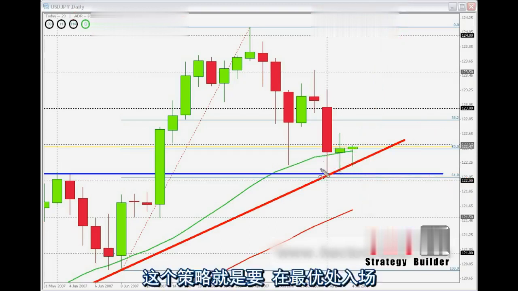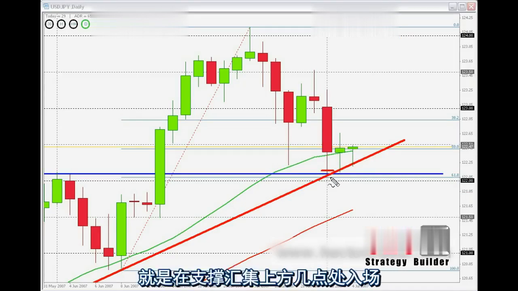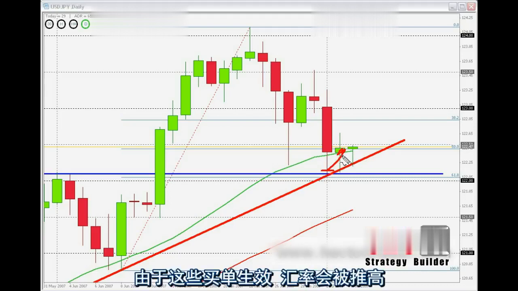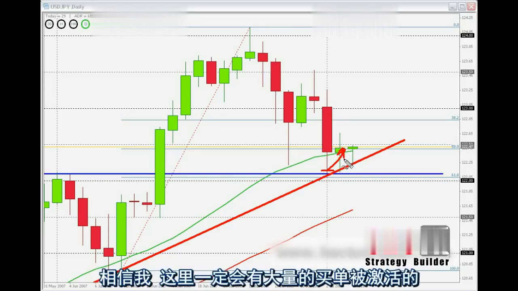The idea, like I said, is to get filled in at the most optimum level, very few pips above that level of confluence. Price bounces to the upside due to those limit orders being like yours, which are, trust me, thousands of limit orders punched in the market at that precise level.